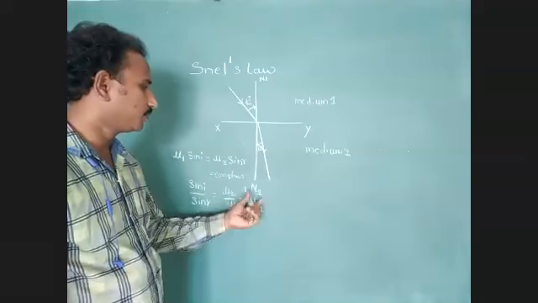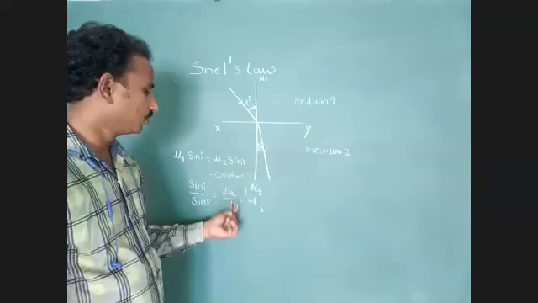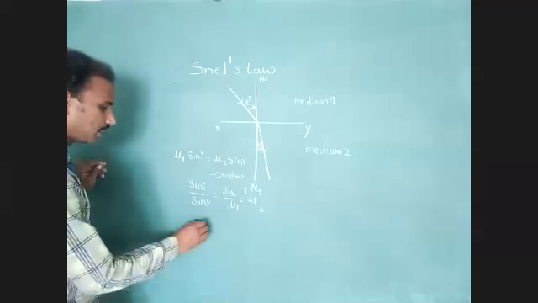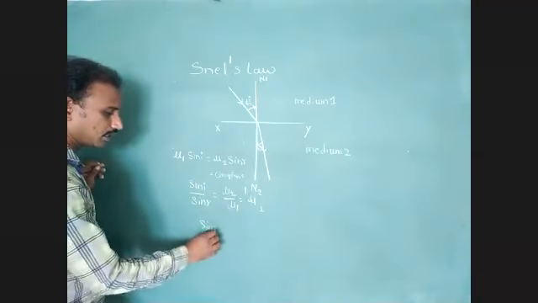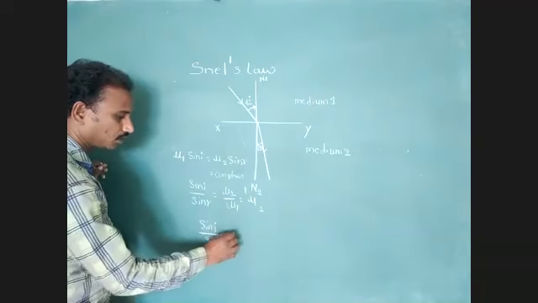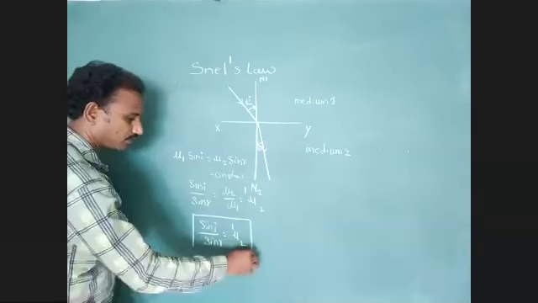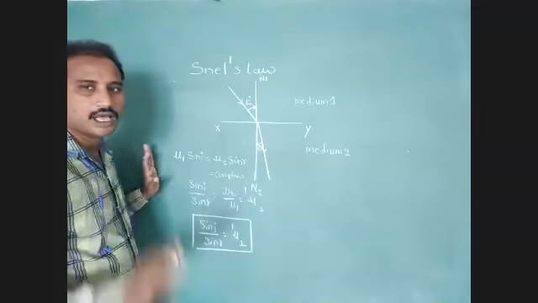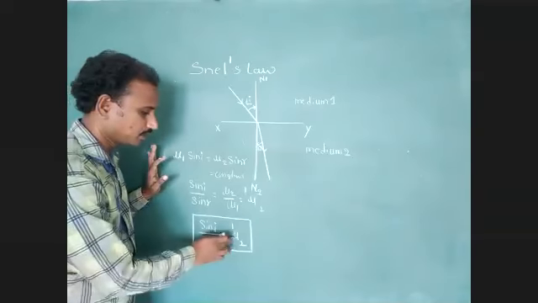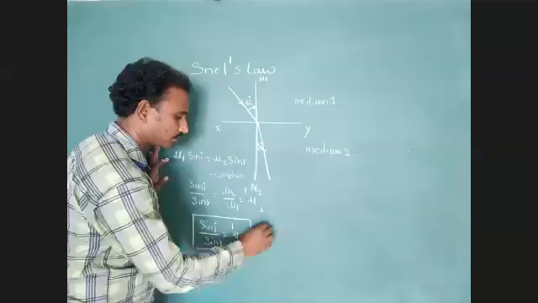So mu2 by mu1 equals sin I by sin R, which equals 1mu2, the refractive index. This refractive index represents the absolute refractive index.